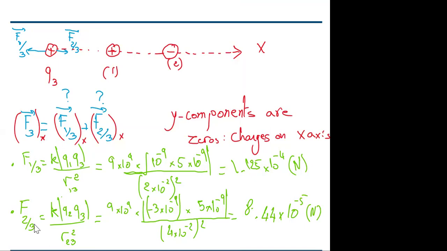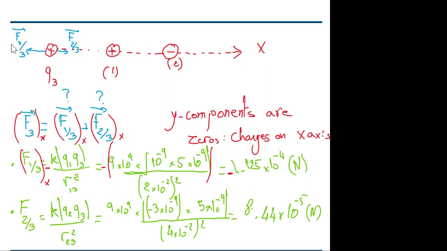This is a magnitude. If we talk about the component, let's talk about the component of these two vectors. F1 on 3 is directed to the -x, so when we talk about the component, we will add a negative sign, because we are talking about a vector directed in the opposite direction of the x.